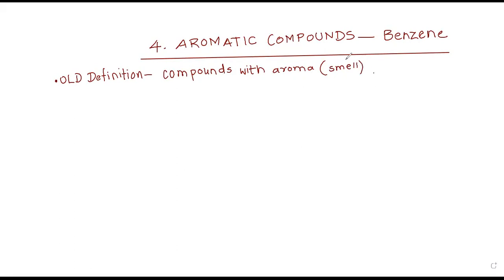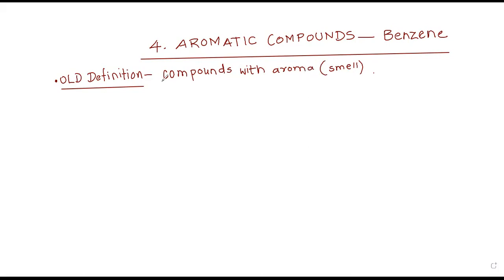They usually have this word in the Nescafe and such coffee advertisements. That is coffee with an aroma. Aroma means a strong smell. Initially, this definition was good, but as time progressed, they understood that there are several compounds which do not have smell, but still they are aromatic in terms of reactions.